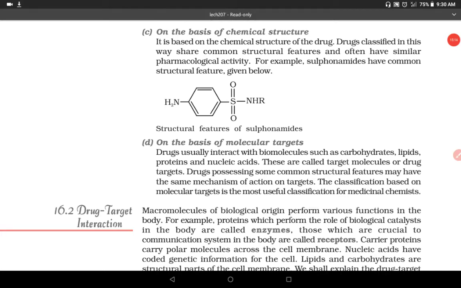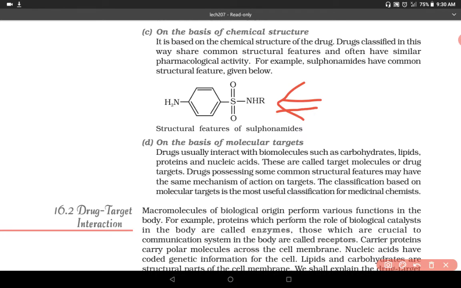On the basis of chemical structure, drugs are also classified. It is based on the chemical structure of the drugs. Drugs classified in this way share common structural features and often have a similar pharmacological effect. For example, sulfonamides have a structural feature given below.